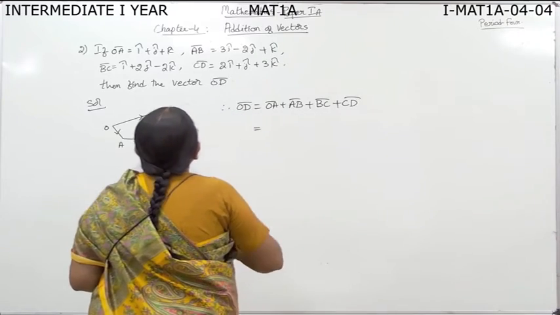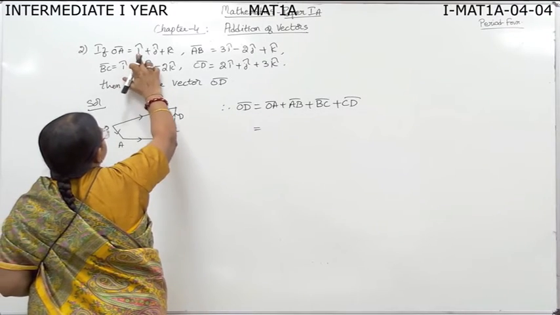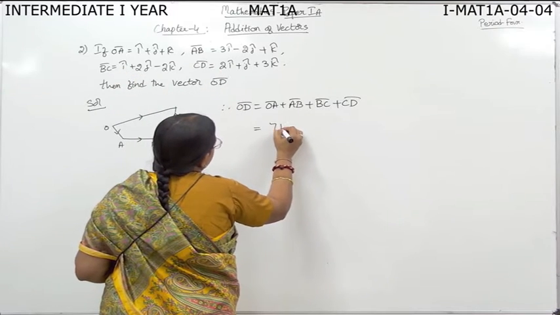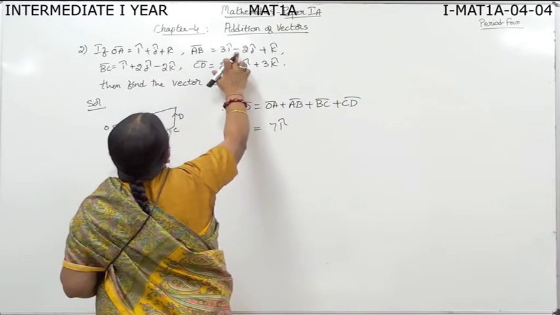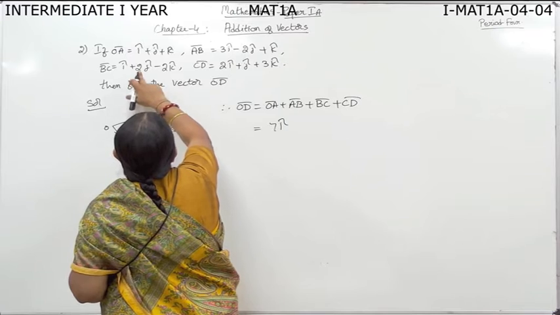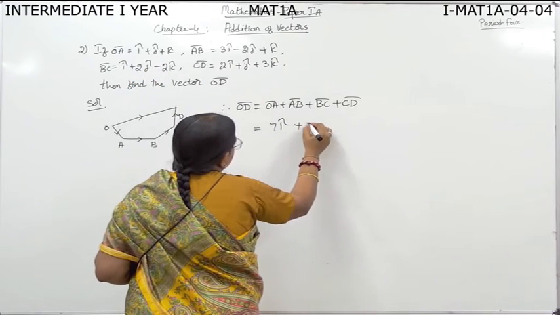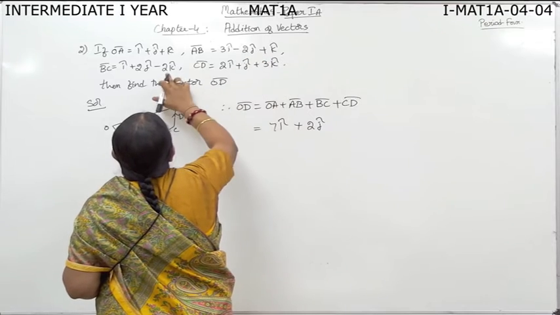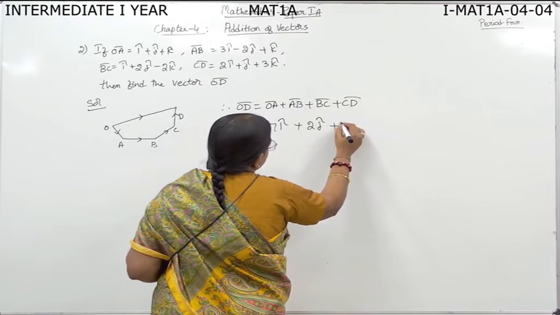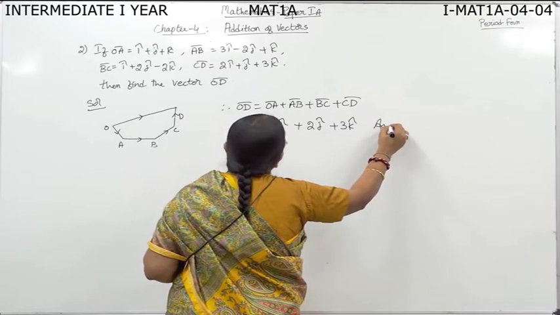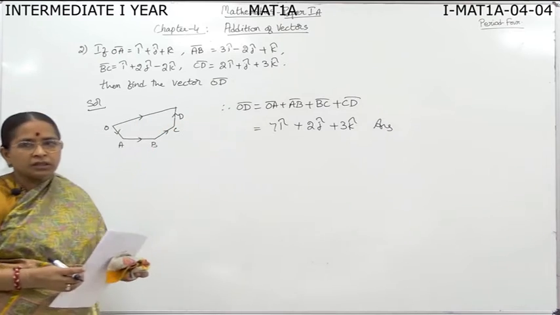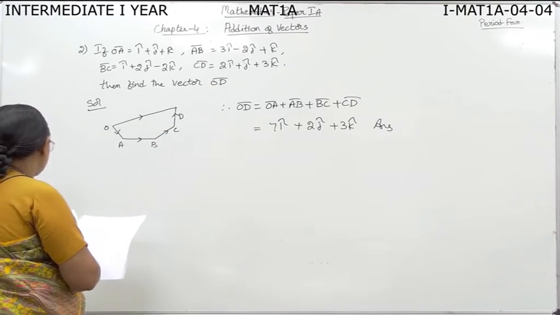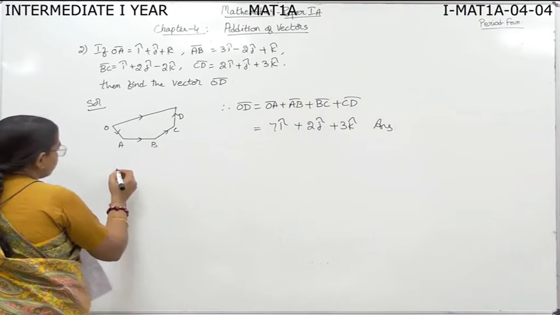So when you add all the items: 1, 3 plus 1 is 4, 5, 6, 7. So it is 7i. And then 1 minus 2 plus 2, that is 1j. Then again 1, 2 minus 2, then 3, so plus 3k. So OD is nothing but OA plus AB plus BC plus CD. Yes, next problem.